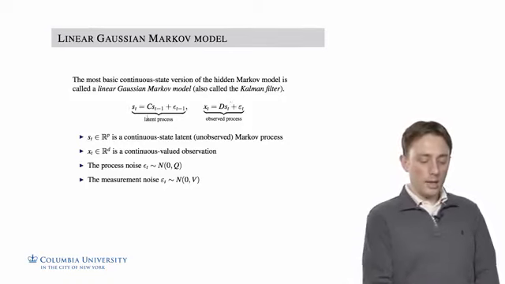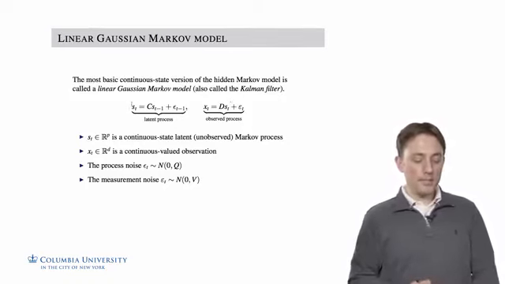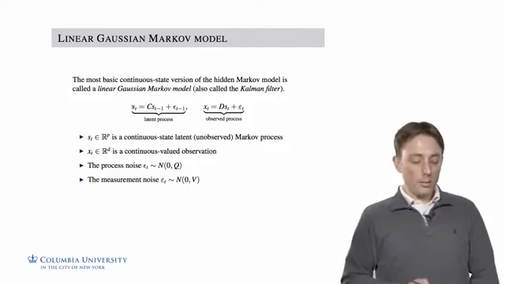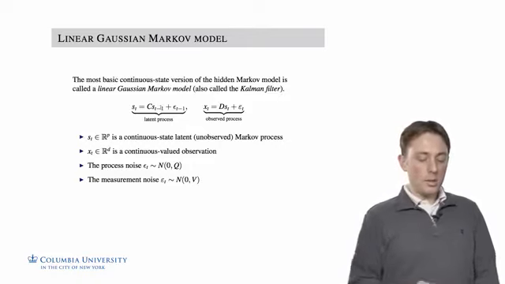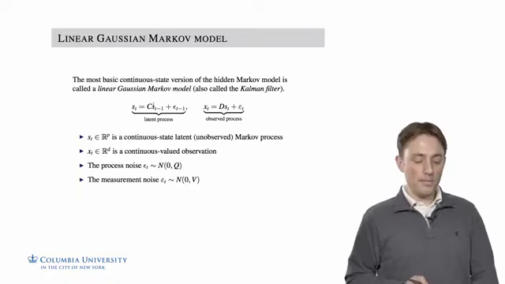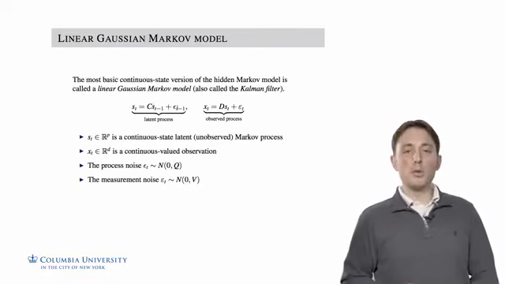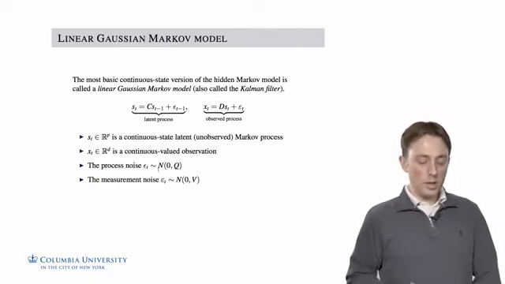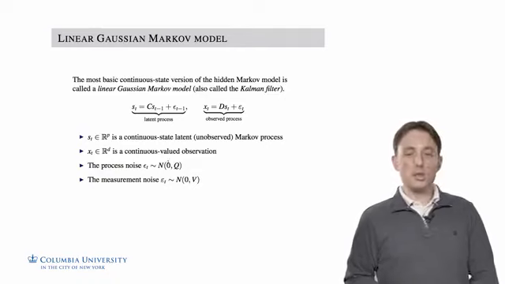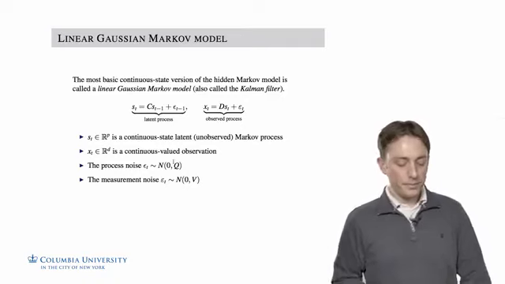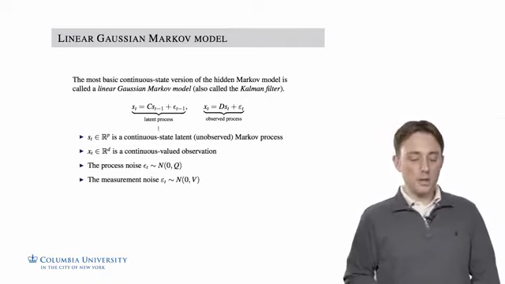In this case, with the latent process, we say that the state at time t, which is a vector in R^p, is equal to the state at time t minus 1 pre-multiplied by some known matrix C, so we assume that we know the matrix C, plus some random noise that is unique to time t minus 1, and we're going to assume that that's generated IID from a Gaussian with zero mean and covariance equal to Q. So this is the latent continuous state process.